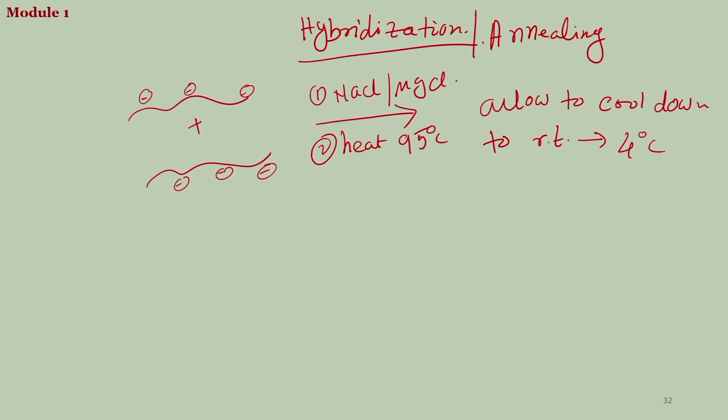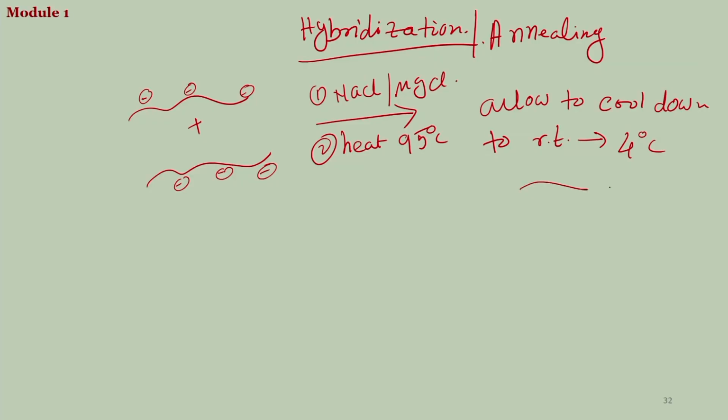4 degrees Celsius. Now, if you do that, then your thermodynamics is playing a role. Cooling down is a slow process. So, now thermodynamics will dictate the strength of the DNA. Whichever has the best strength, in this case of course the double strand, will be the most favorable process.